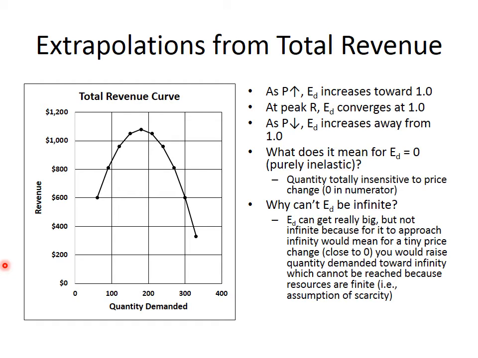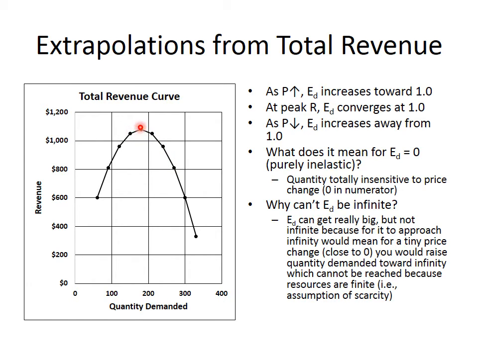Okay, now let's draw some extrapolations. Extrapolations are logical conclusions based on what's previously been said, and a lot of this we've talked about before. Here's our total revenue curve, which we just figured out in the last slide. It's exactly the same one; I just copied and pasted it. As price goes up, remember, as demand's dropping, price is going up, we move closer and closer to 1.